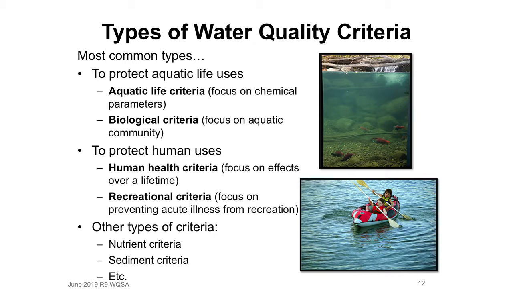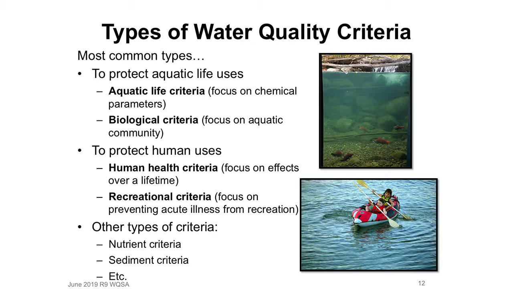Human health criteria, an example. Toxicity is probably not a human health criteria. It's more like an aquatic life criteria, I would guess. Copper, yeah. Or DDT, you want to protect folks from getting sick from eating fish that have DDT or PCBs. How about a recreational criteria?